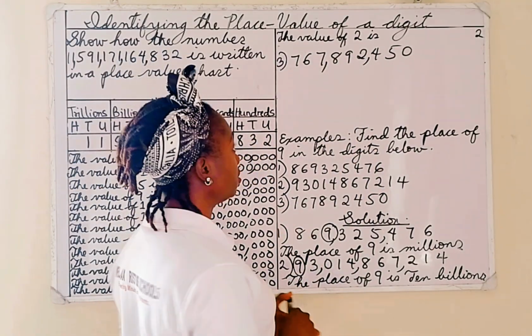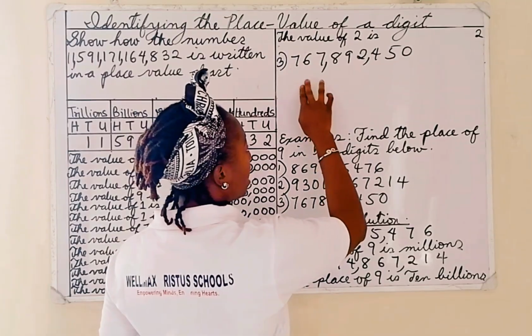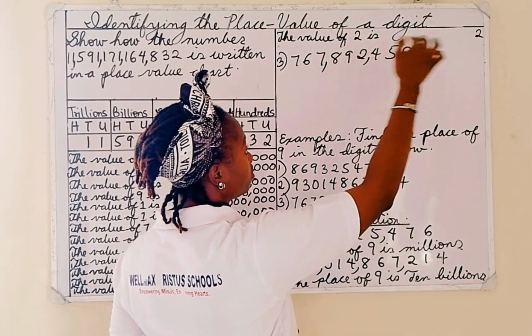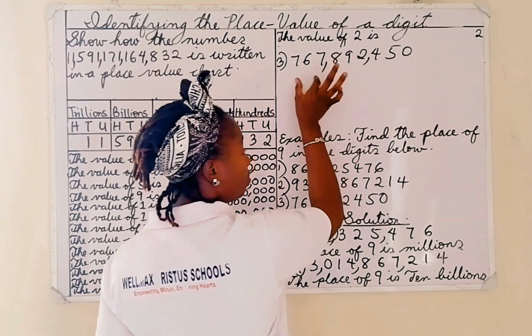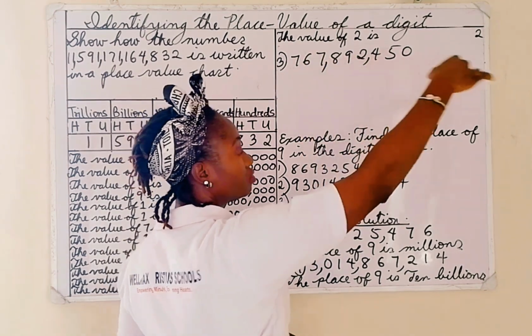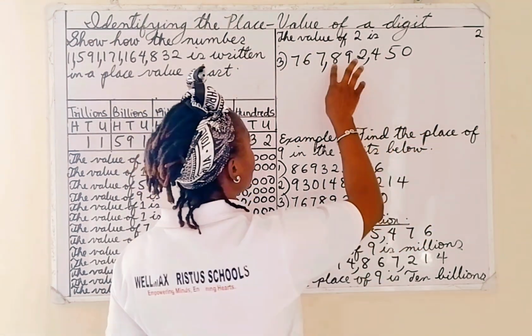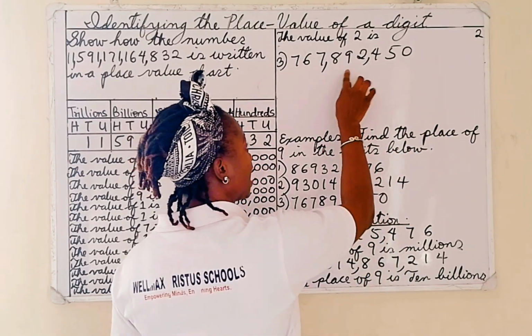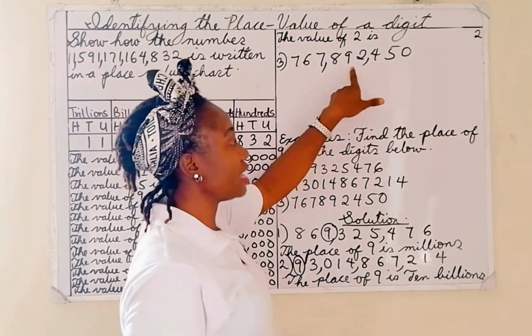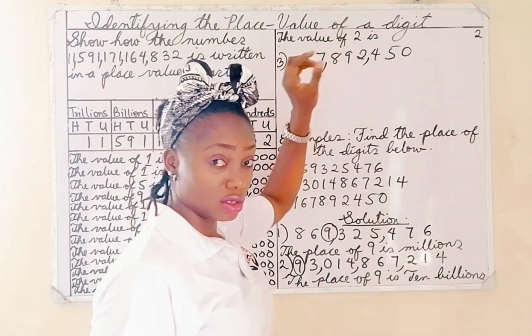Then here we'll have 767 million, 892,450. So 92 falls under the tens place in the thousand place.